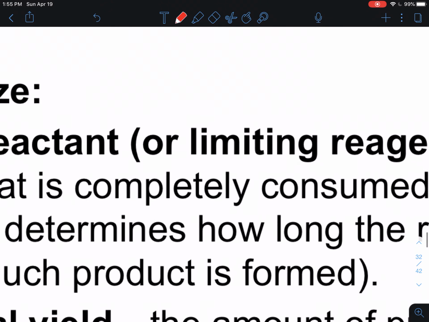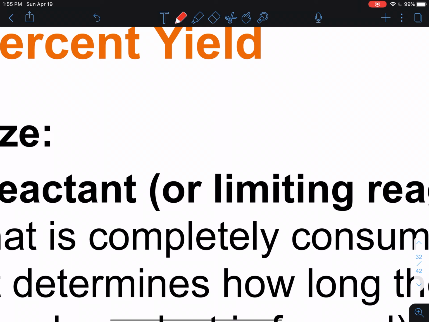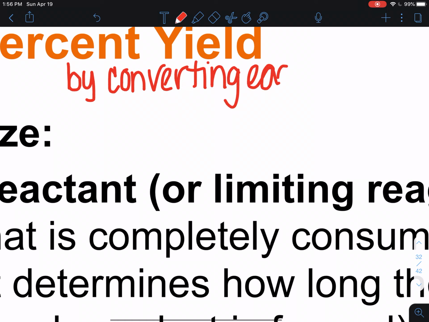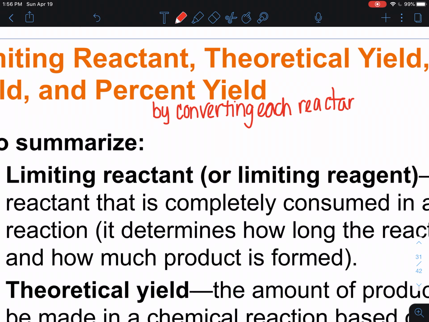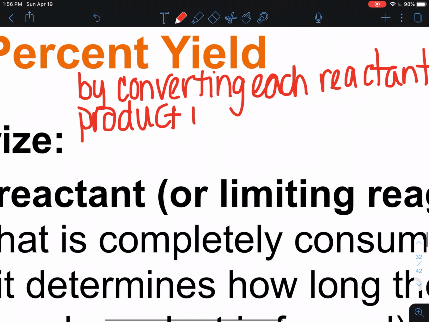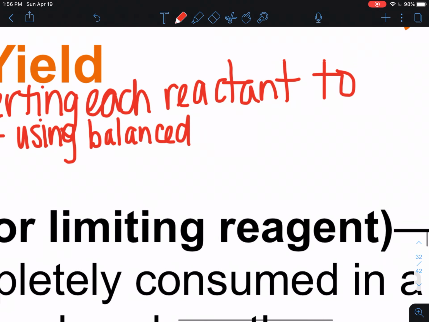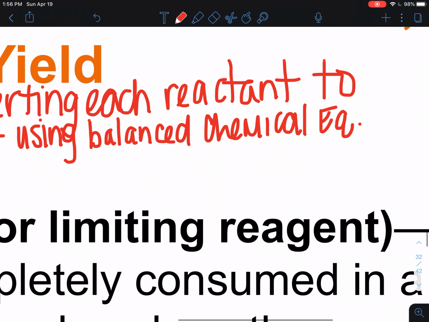Let's zoom in. By converting each reactant to product using balanced chemical equation.